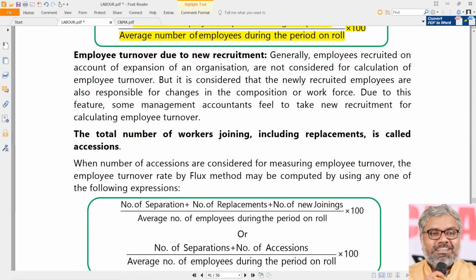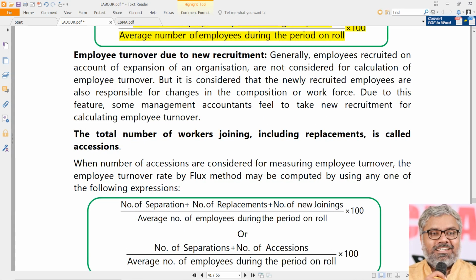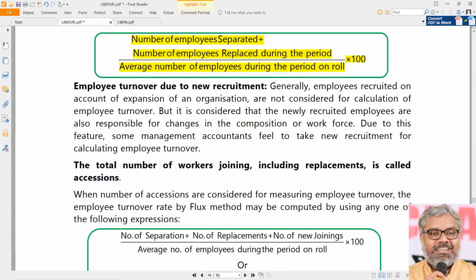All three are different formulae. We have to apply these formulae according to the information that is given in the questions. That's all. But now a question comes, what about new recruitments? There will always be a possibility that on account of expansion, we recruit new people. What should we do with that? Usually, they are not considered for calculation of employee turnover.